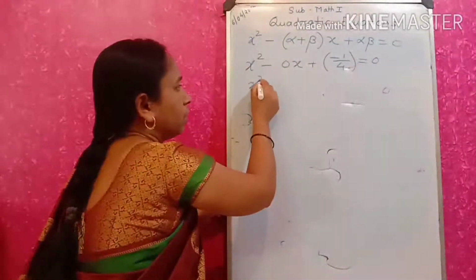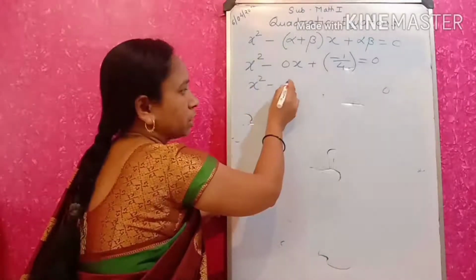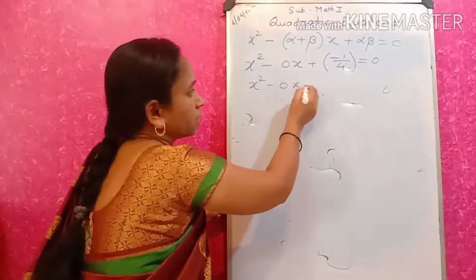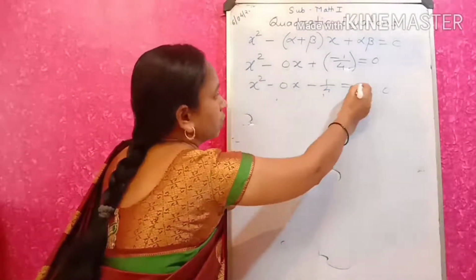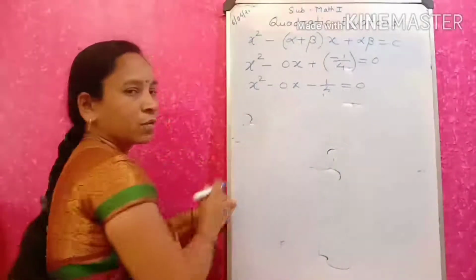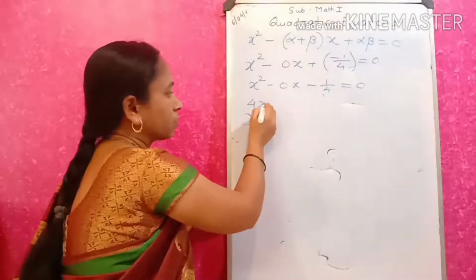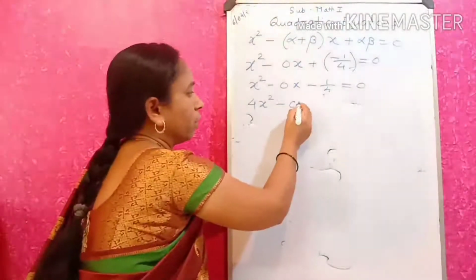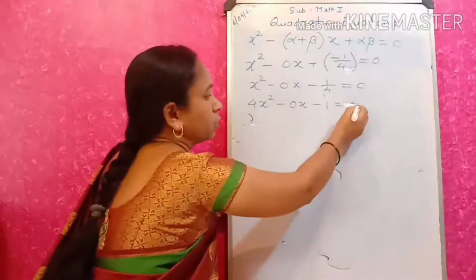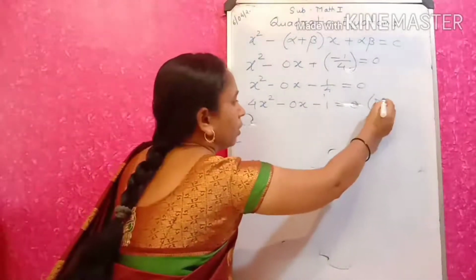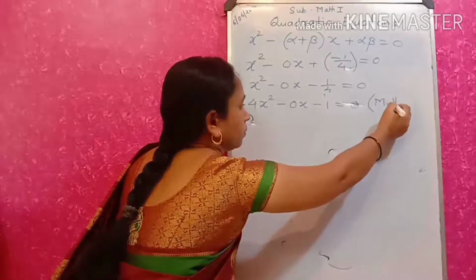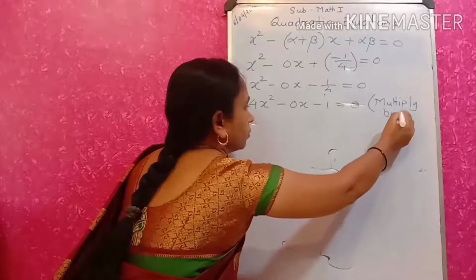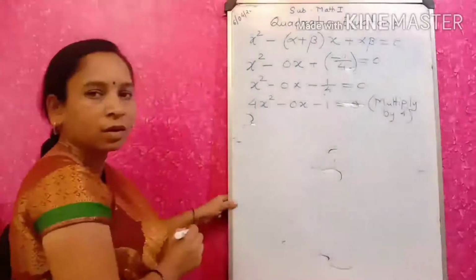So x square minus 0x, if you don't write it, that is okay, minus 1 upon 4 is equal to 0. Multiply this equation by 4, you will get 4x square minus 0 into 4, it is 0x, minus 1 is equal to 0. So this is the required equation.